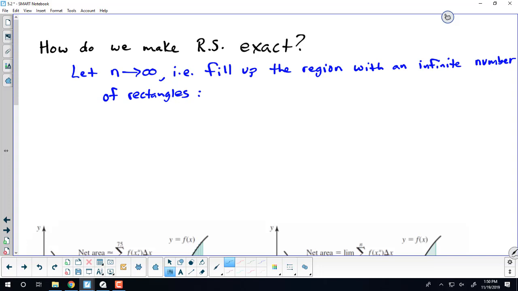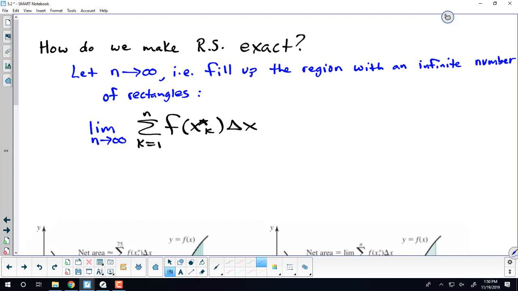And so with n going to infinity, all we've got to do then is take the Riemann sum from k equals 1 to n of f of x star sub k times delta x. That's the definition we worked with in 5.1. All we've got to do there is put a limit at infinity in front of it.